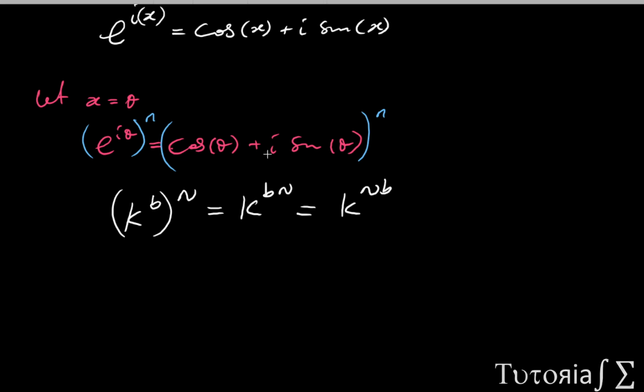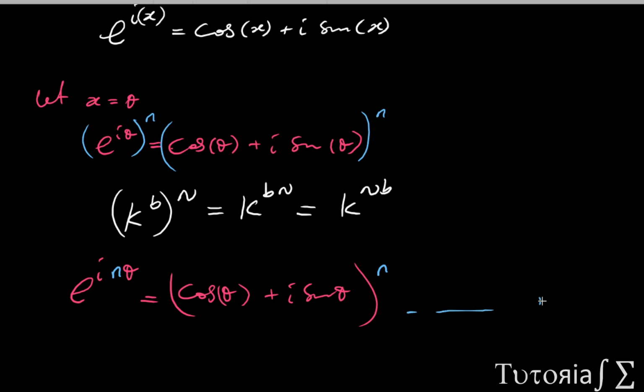So this side of the equation can be written as e to the i theta, then the n written in between, which is just the same thing. And this will be equal to cos theta plus i sine theta, then everything raised to the power n. So this will be our equation 1.